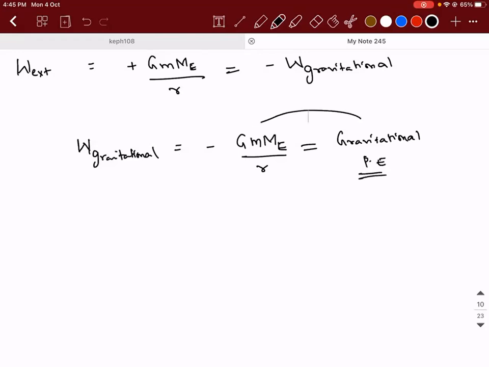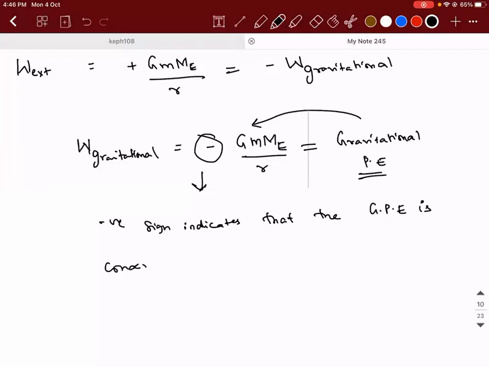So whenever you are applying the formula for gravitational potential energy, remember there is a negative sign, and the negative sign indicates that the gravitational potential energy is conservative in nature.